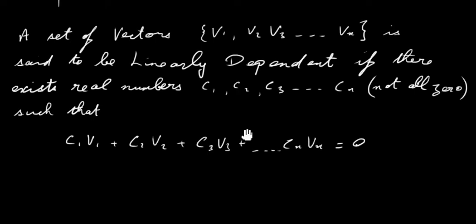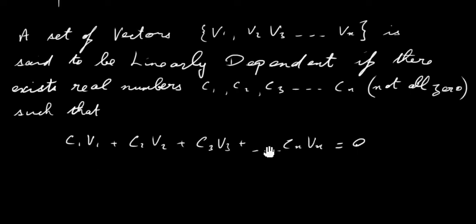But linearly independent vectors then is really just the opposite. You've got a set of vectors v1, v2, v3 and so on. They are said to be linearly independent if they're not linearly dependent. So in other words, they are linearly independent if this is true here only when all of these constants here, all of these real numbers here, are 0.